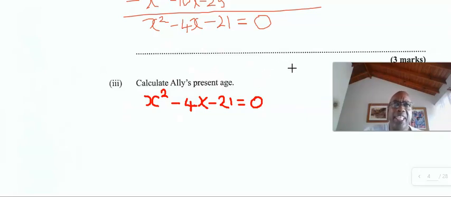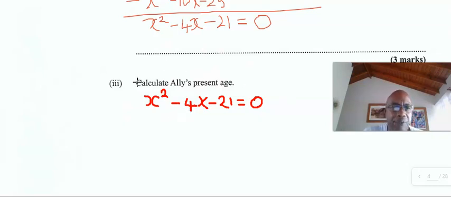Now there are really 3 methods to solve quadratic equations. The simplest is by factorizing first, and then there are 2 others: the completing the square method, and using the quadratic formula, which we'll look at a little later on.